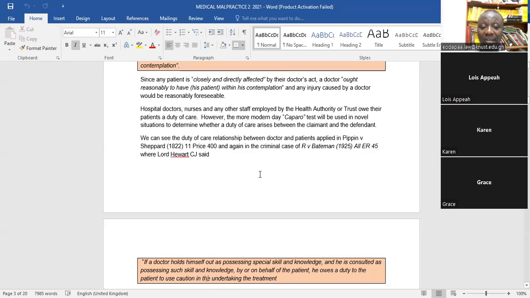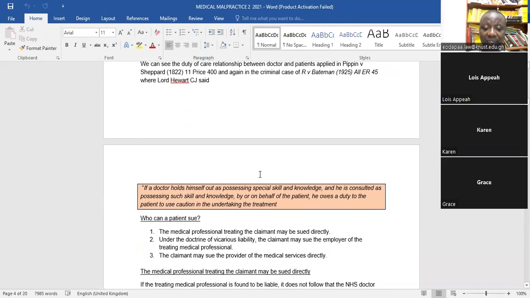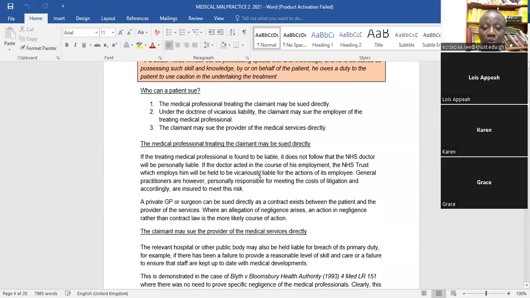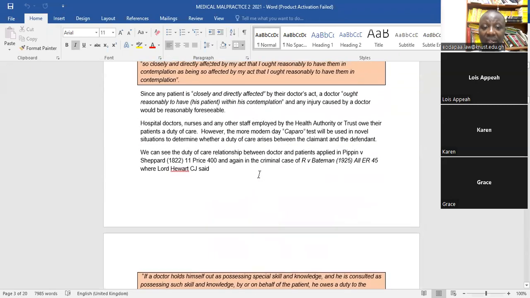But we also noted that even in those types of situations where it appears to be some kind of novelty, or like it's new, in the sense that the court has probably not come to the conclusion, using even the Donoghue and Stevenson reasoning, that a duty of care existed, it is still possible for the court to recognize a duty of care using the Caparo test. That is the principle that we saw enunciated in Caparo and Dickman.